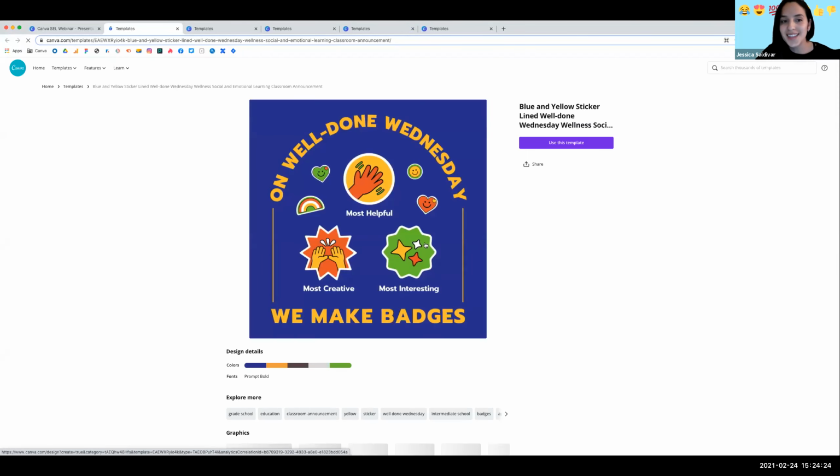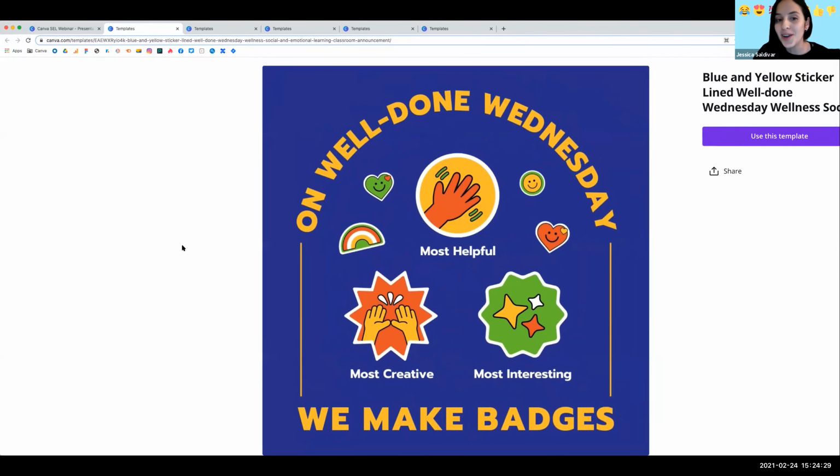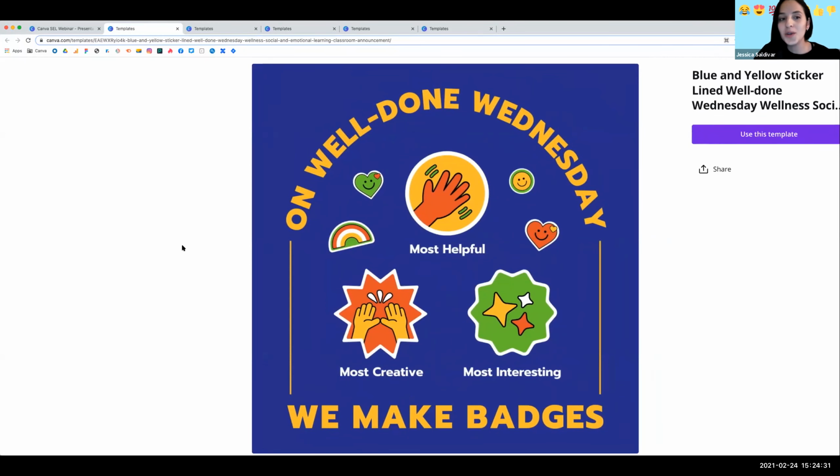On Well Done Wednesdays, we could dedicate maybe a time to acknowledge our students' efforts. We know students thrive on positive reinforcement. Praising them with virtual badges can foster that positive connection and allow them to feel seen and appreciated. So you can print these out, use them as stickers, maybe hand them out if you're in person, as they complete a task or a lesson.